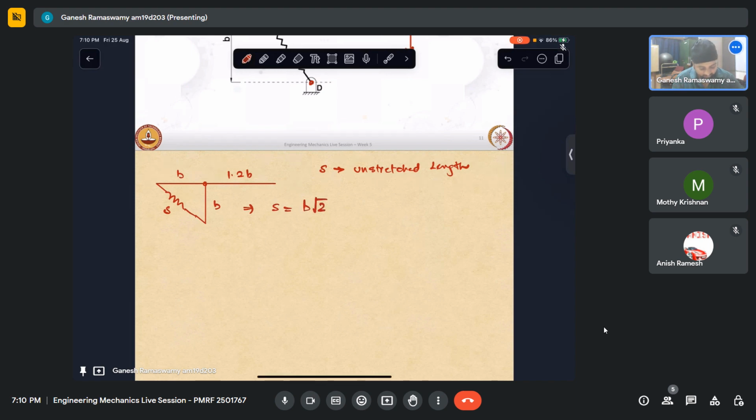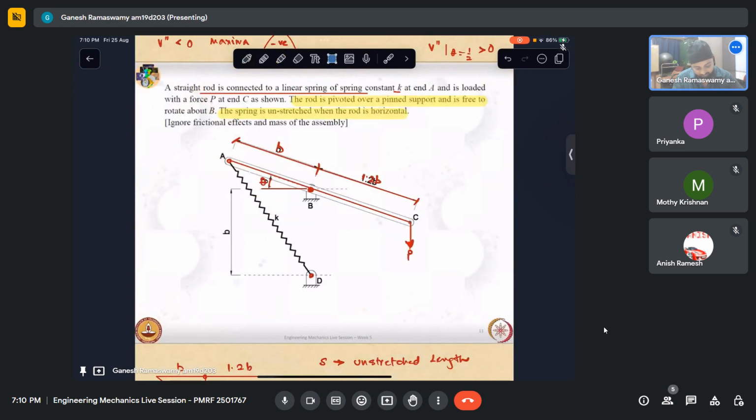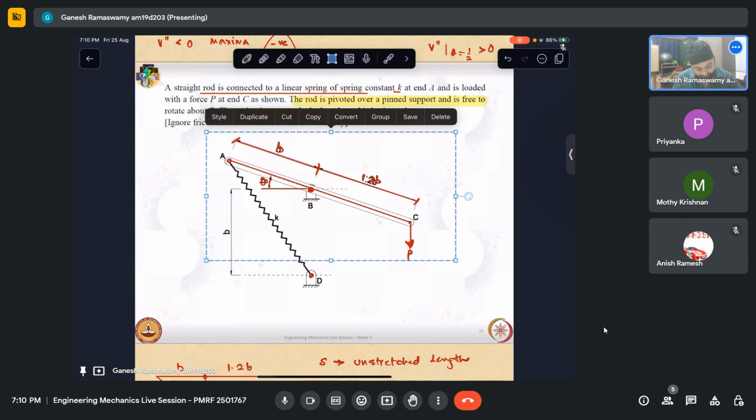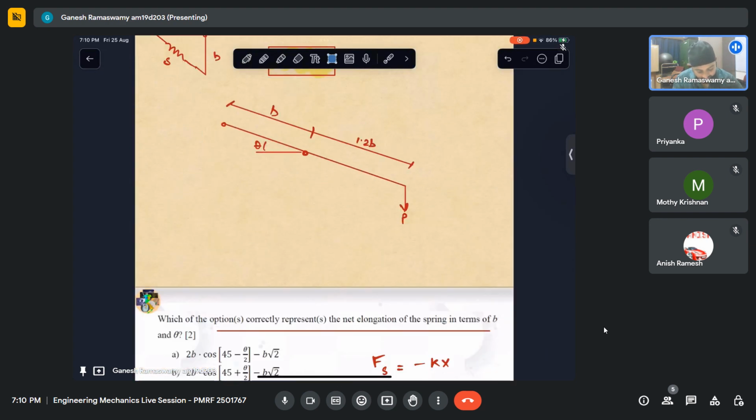Okay, so I have got S. Now I have the configuration of the deformed assembly like that, while this is where my pin is, and now the spring is connected like that. Let me call this S1.